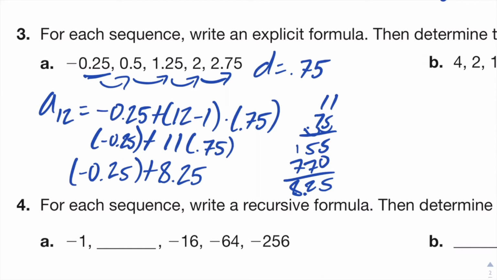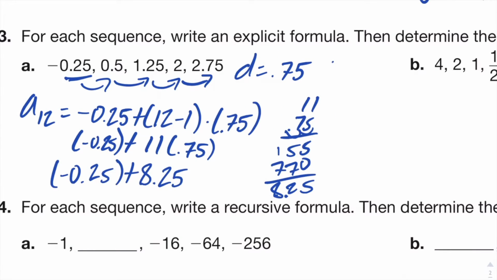Added up, you just get $8. A sub 12 equals 8. That means the 12th term in the sequence is 8.